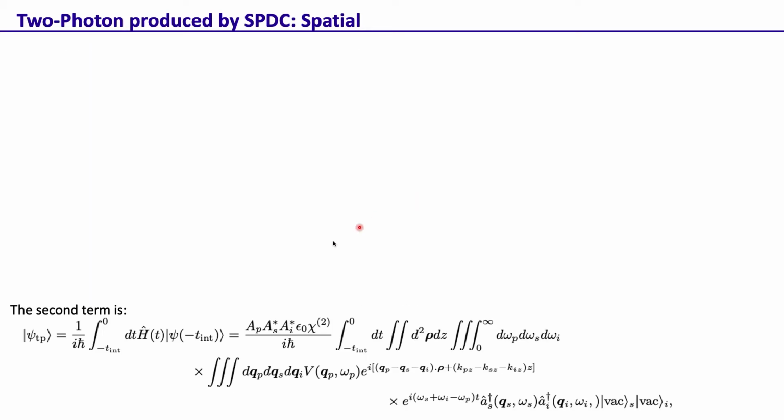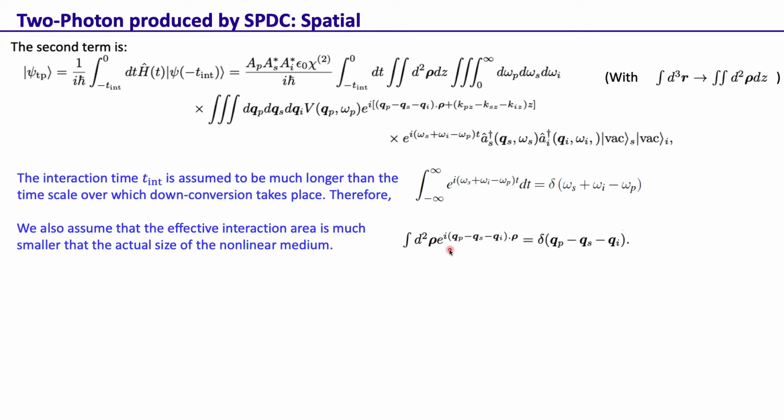So with that assumption, we can take the limits of this rho integral to minus infinity to infinity, and write this rho integral, which comes from qp minus qs minus qi dot rho and then d2 rho, as this Dirac delta function. This is a very valid assumption in the laboratory setting, in which the size of the laser beam is usually much smaller than the nonlinear crystal one uses.